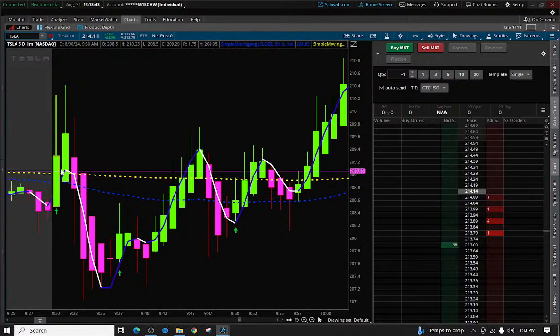Okay, you're gonna go long, and look what happened. What a pullback! Not only was it a pullback, we did not have a reversal signal, so we couldn't sell our long position.